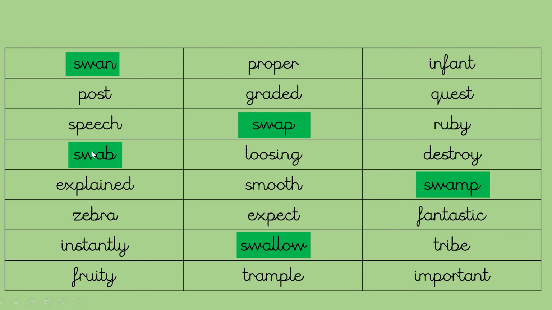Brilliant. Swab. And a swab is what a lot of doctors are doing at the moment to test if people have got coronavirus. They will get a little stick and it's got a little bit of white cotton wool on the end, and they'll put it in somebody's nose or in someone's mouth, and then they will test the swab that they've taken.